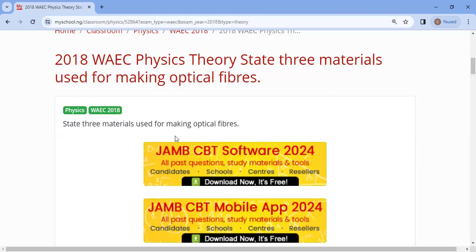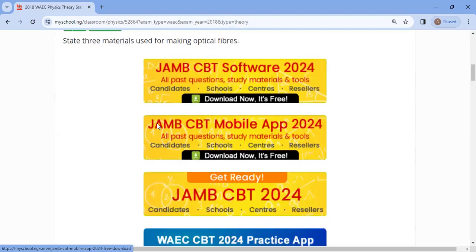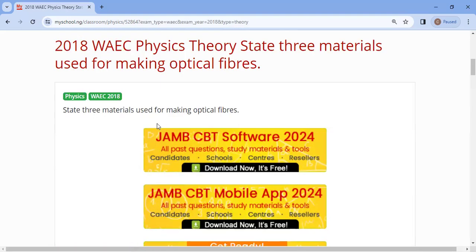So you can see these are the 3 main advantages of optical fibers over the conventional copper cable wires. They're asking what materials are used for making optical fibers. Before we go to this question, I want to give you their uses.